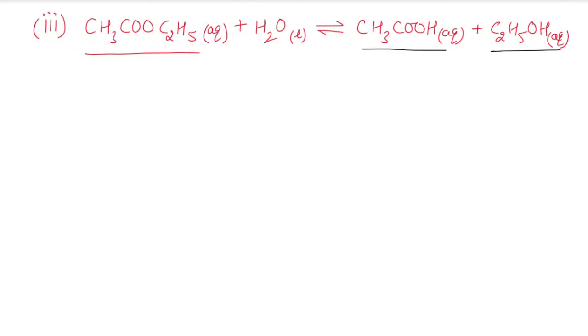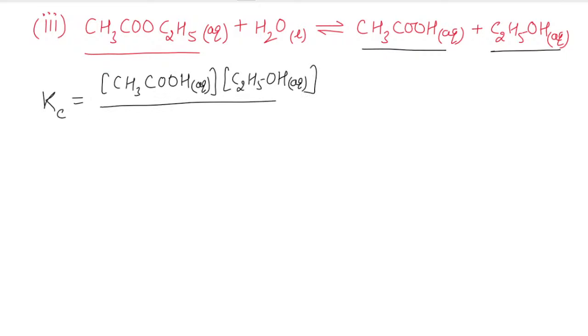So as I told earlier, pure solids and pure liquids are not written in the final expression, but let us first write all the constituents: the product of the concentration of the products, that is acetic acid aqueous and ethanol aqueous, divided by the concentration of the aqueous solution of ethyl acetate and H2O liquid.